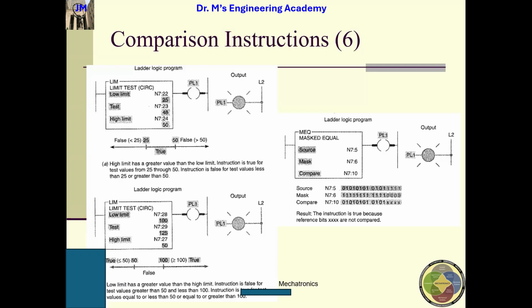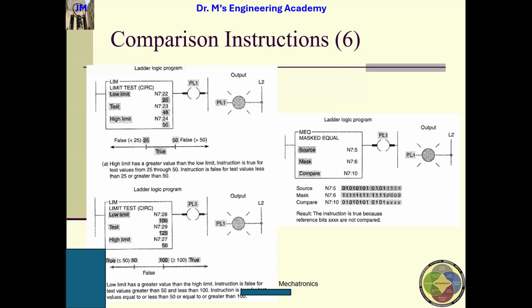You can see the mask for the higher 12 bits are set to 1. That means the corresponding bits of source and the corresponding bits of compare will be compared. You understand, guys?